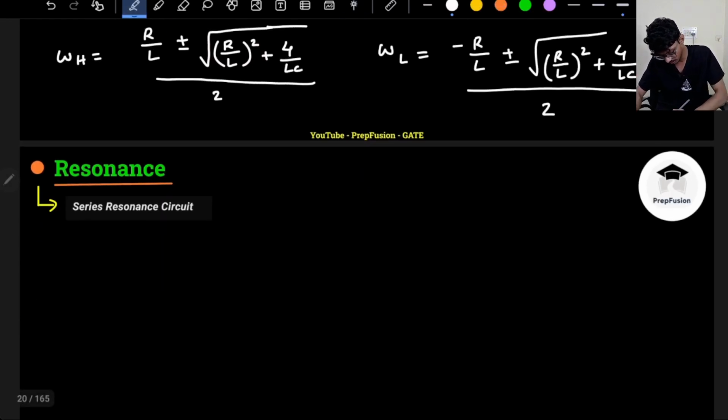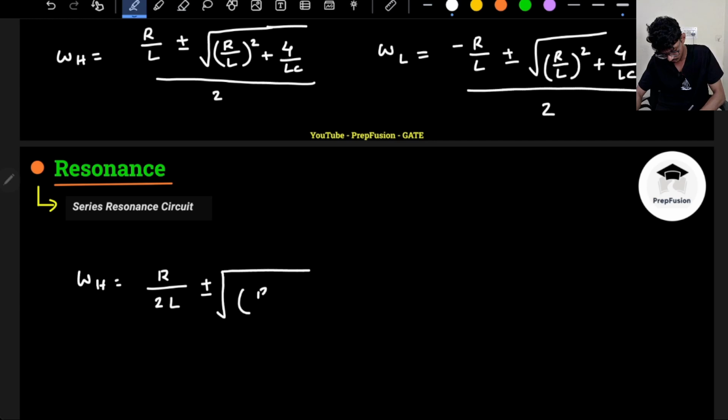This omega H will come out to be, if I divide by 2, R by 2L plus minus the square root of (R by 2L) whole square plus 1 by LC.